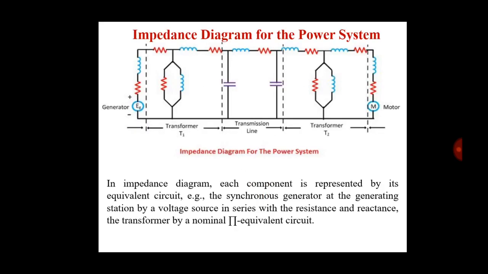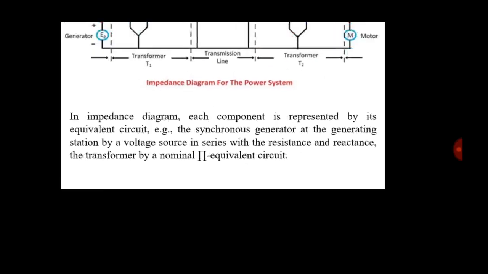Now this is the impedance diagram for the power system. Here is a generator. In the single line diagram we use only a circle, and in the circle we write G, which means generator. But here we see in the diagram, in the circle EG with resistance and inductance.